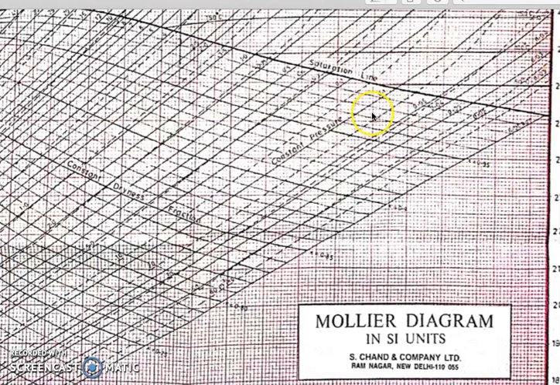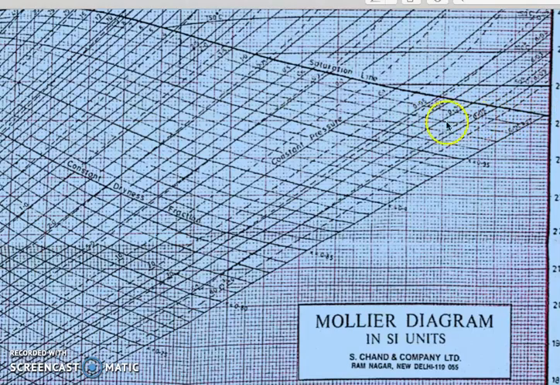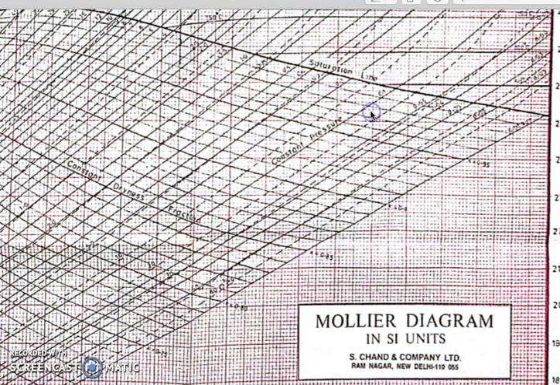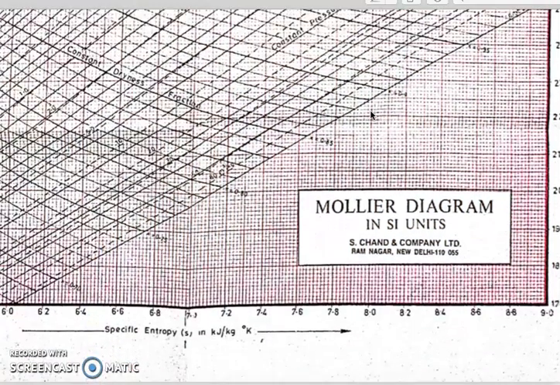If this was the point, then we will move straight and see the enthalpy from here. And going back, if this is the point, then for the entropy, it will be this one.